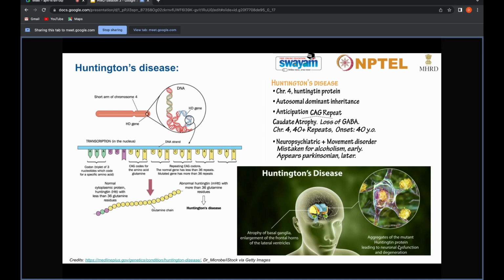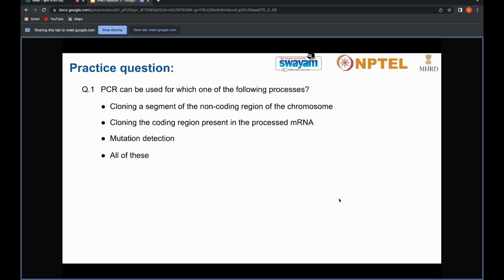Aggregates of this mutant protein lead to neuronal dysfunction and degeneration, which impacts the ability of the brain to function properly as well as to manage the movement of the body. So it affects the neurons and their arrangement due to these polyglutamine tracks and protein aggregates.